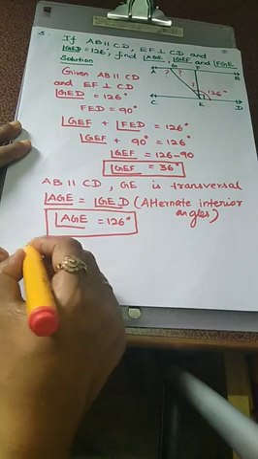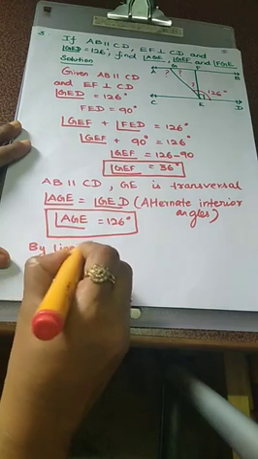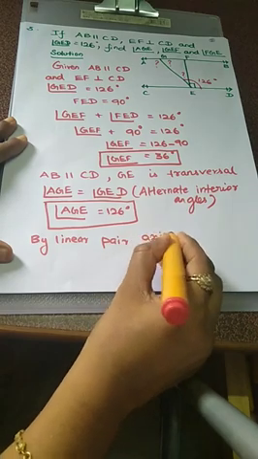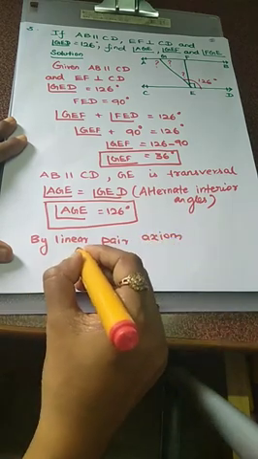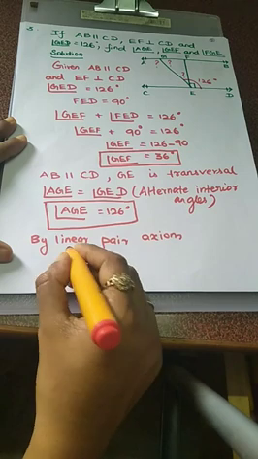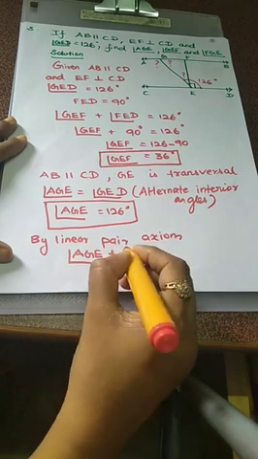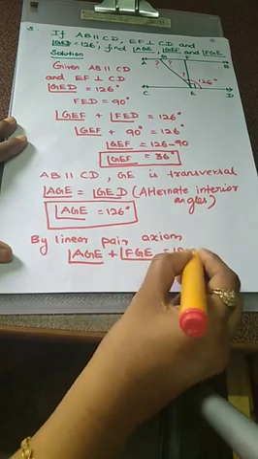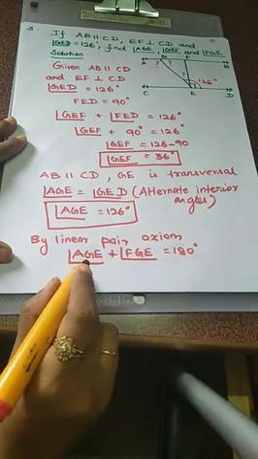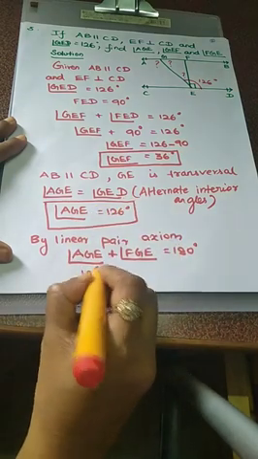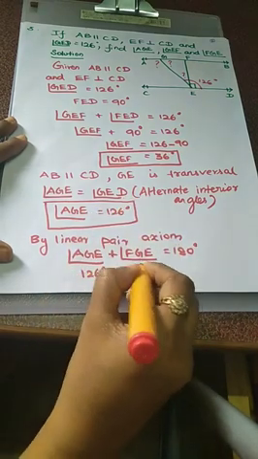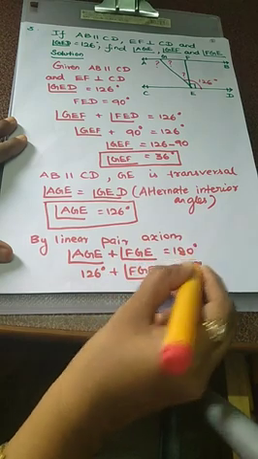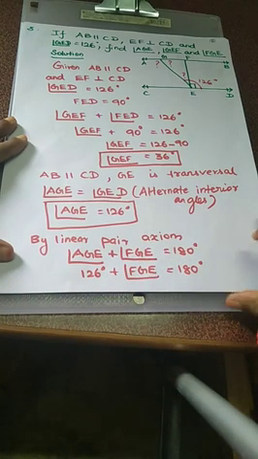So now by linear pair we have to write angle AGE plus another one is FGE is equal to 180 degree. AGE value we know, that is 126 degree. Apply here. Plus FGE is equal to 180 degree. So what about FGE?